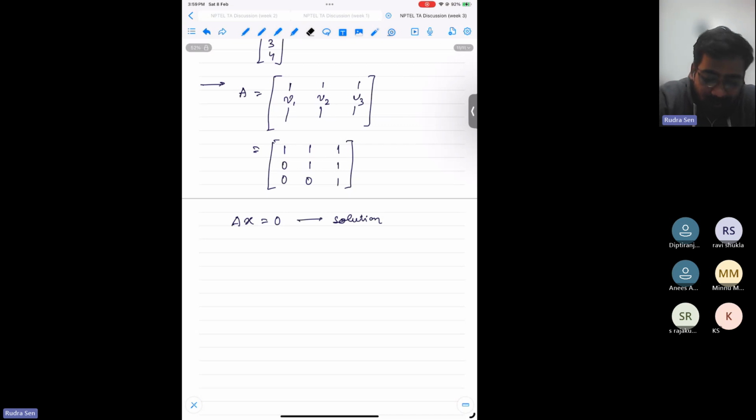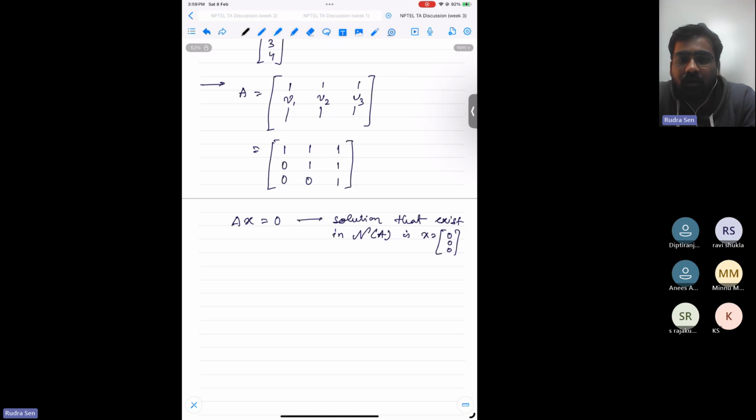The solution that exists in the null space of A is x equals 0, 0, 0. Only the 0, 0, 0 vector exists in the null space. Other than that, you will not find any non-zero x. If that is so, these are linearly independent. Let's check whether this is possible or not.